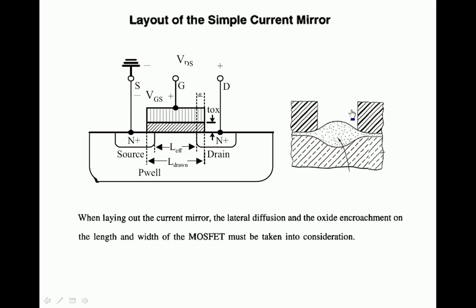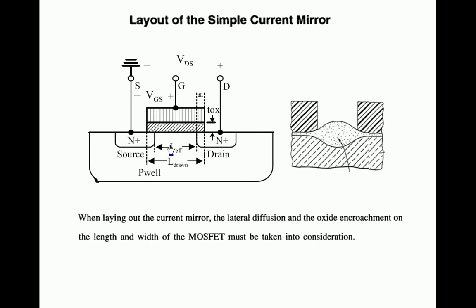This is the actual transistor where the length and width are totally different. Not only for length, there is always a small difference in width, that is, the effective width is different from the drawn width. So generally we can say L effective is equal to L drawn minus delta L, W effective is equal to W drawn minus delta W.